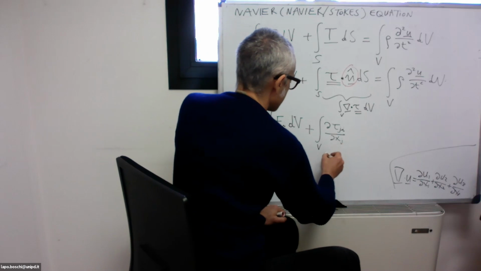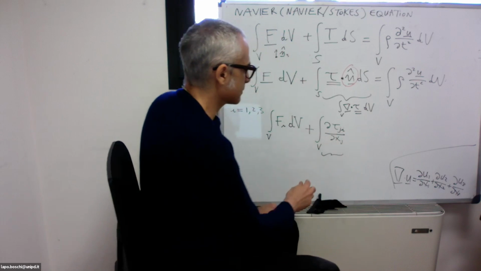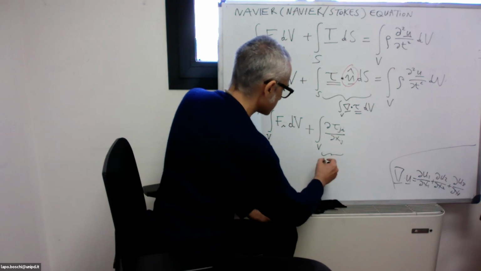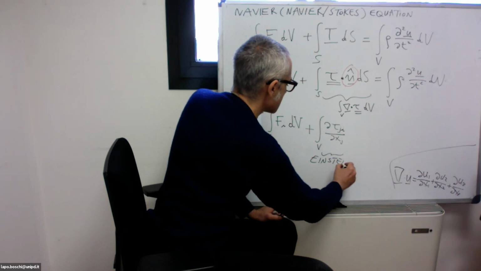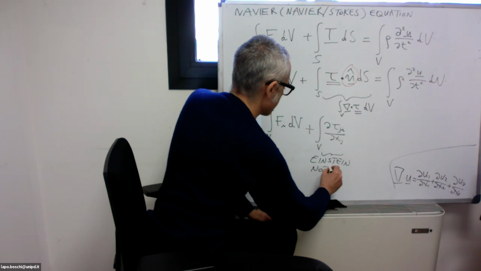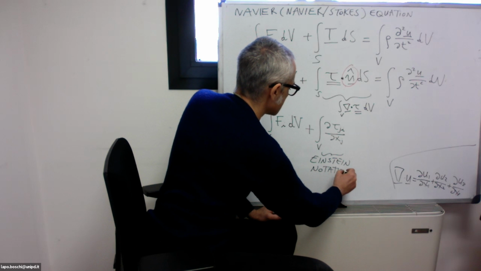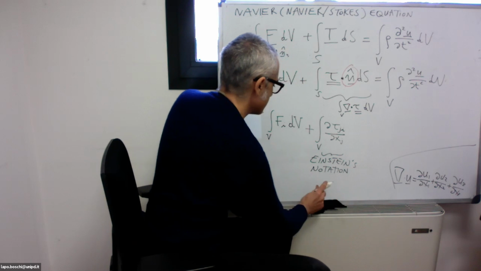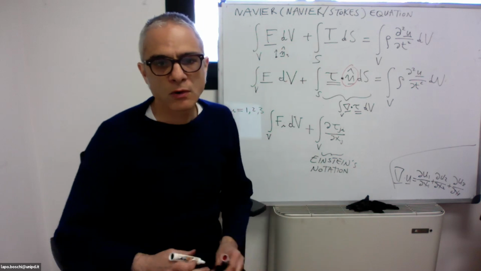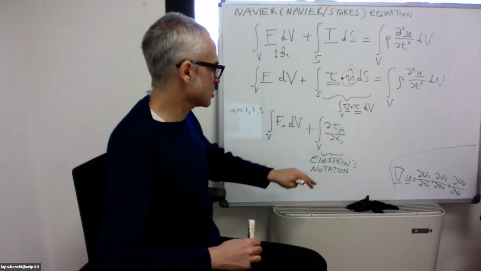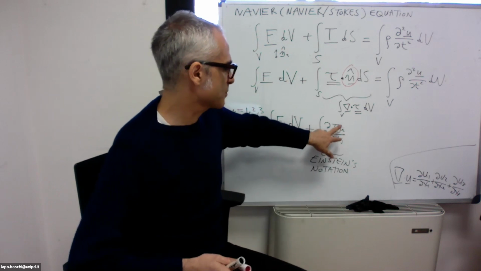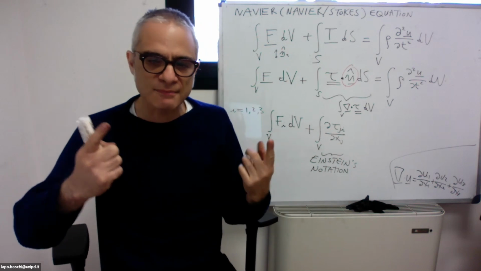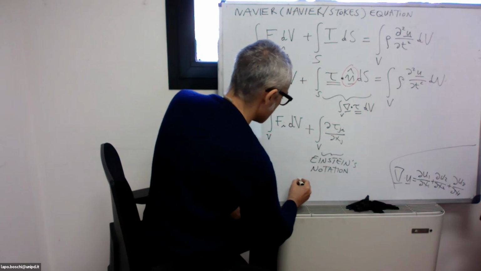So here, basically, I am implicitly summing over the index J. I'm using what people call Einstein's notation, where if an index is repeated in an expression, it automatically means that you are summing over the index.